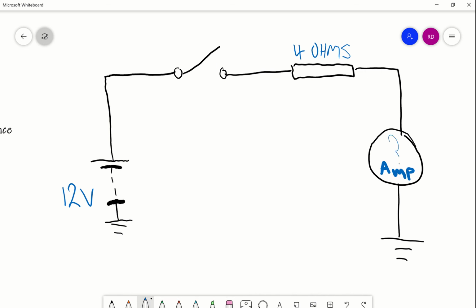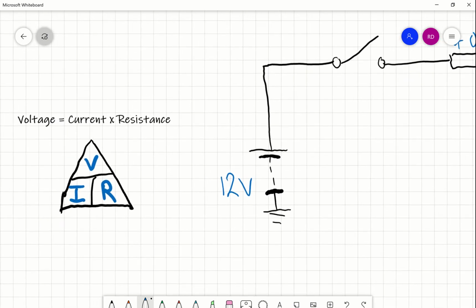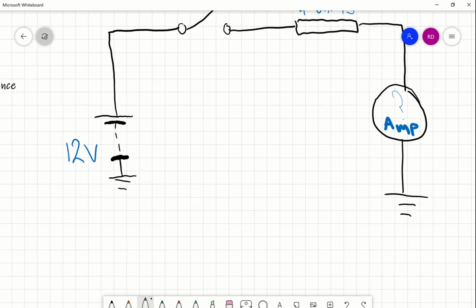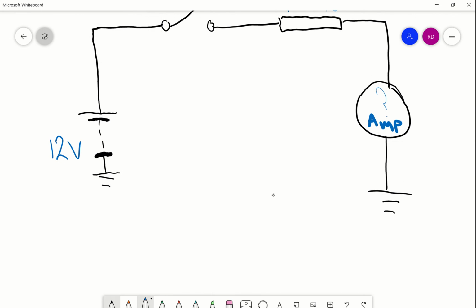Now, we have our resistance, we have our volts, but the one thing we don't have is our current. We don't know what the current is. So let's just go back over to our diagram here. And we obviously have voltage, which is 12 volts. Our resistance is 4 ohms, and we don't have our current. So how are we going to calculate this? Well, it's quite simple, isn't it? So it's going to be current equals voltage over resistance, okay?